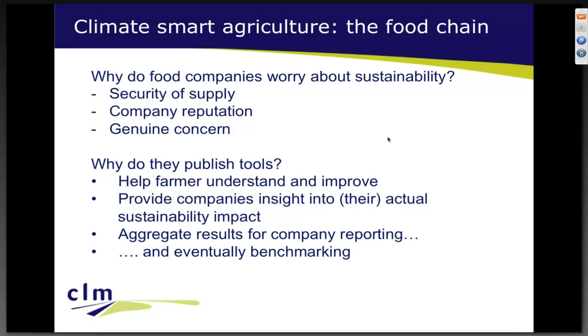They want to be able to say, we're sourcing from very sustainable farmers. And in order to measure that, they need to have tools. And at some point, they may actually want to publish numbers about their performance. We've reduced water use in our sourcing areas in the south of the US by 10%. And they've got to be able to substantiate that. So you have to have some tools.